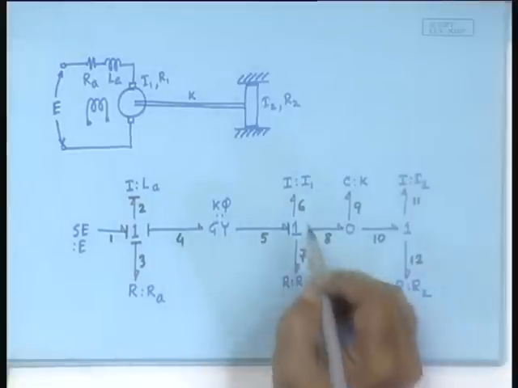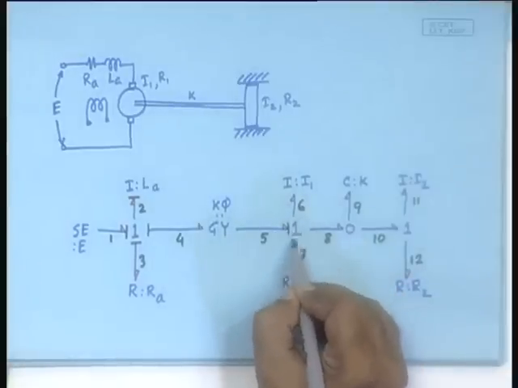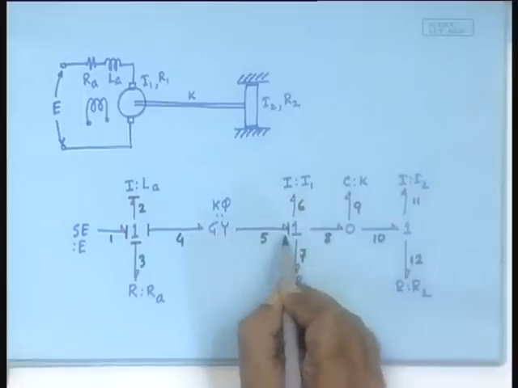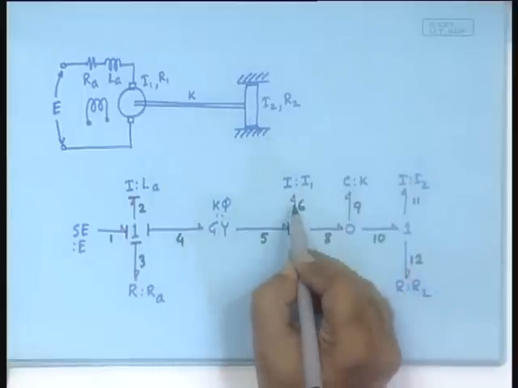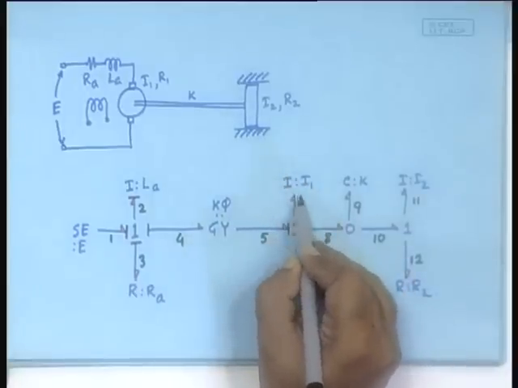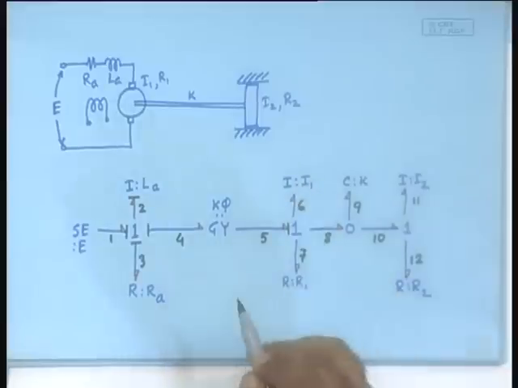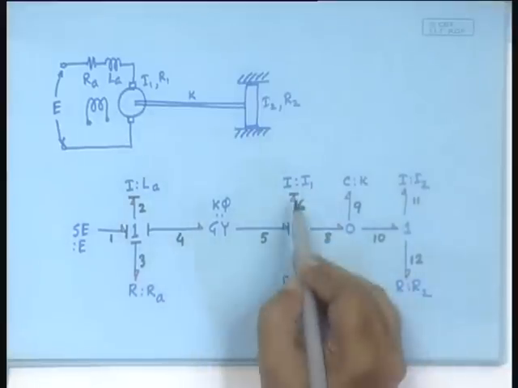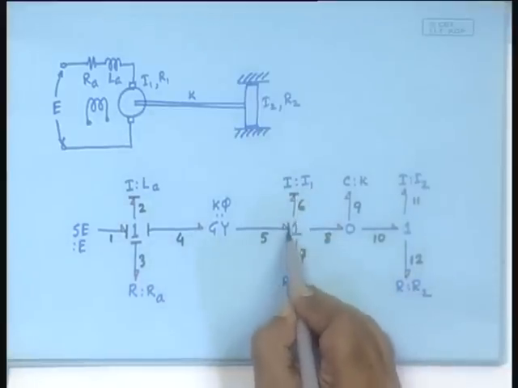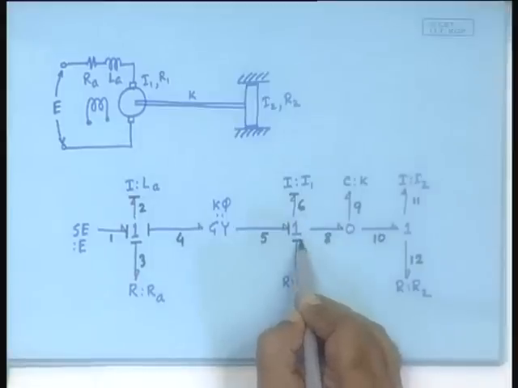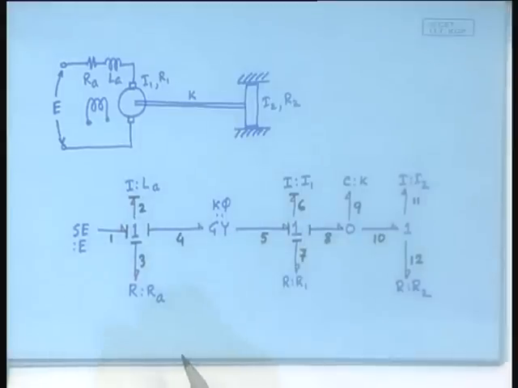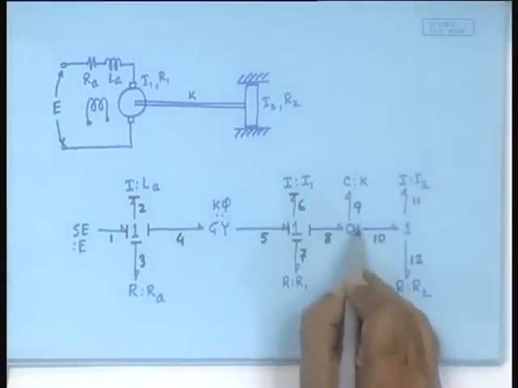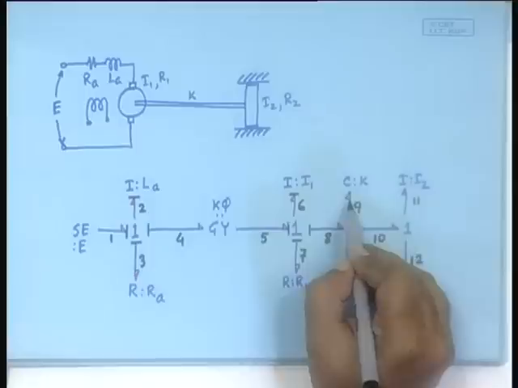So, effort goes out. Now, this one is not yet completely causal, because this is not a strong bond. So, we have to put the integral causality in this storage element, which is like this. The moment you do this, it has already obtained the flow information and must take out the flow information in the other bonds, which is right. Next you come here, this is not yet causal, so let us put it here.